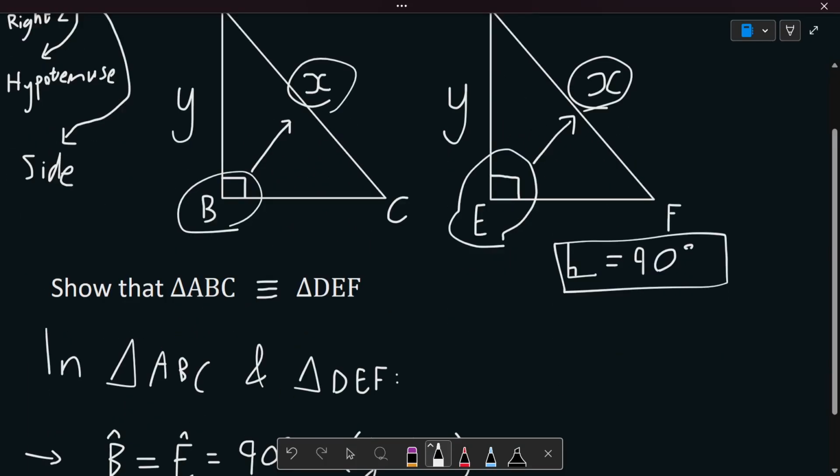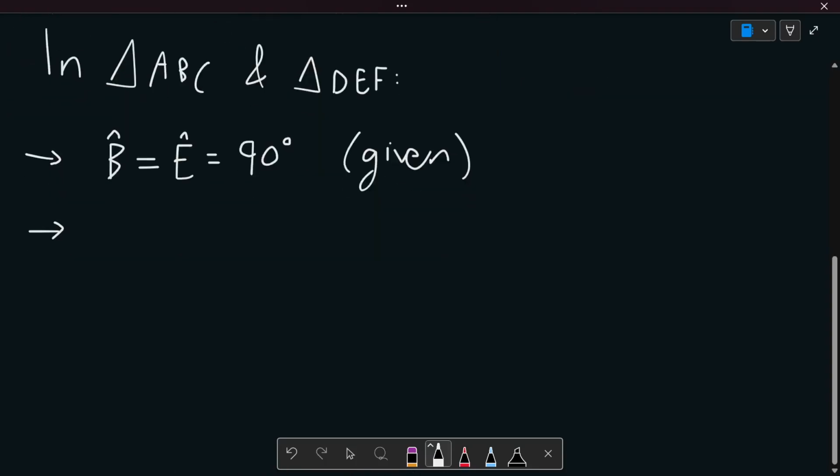So therefore they'll be the same. AC is equal to DF, which is equal to X. And why? Because it was given to us.